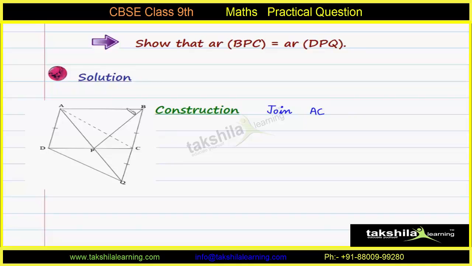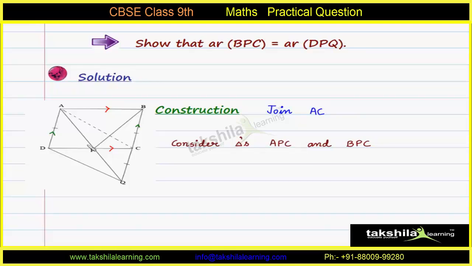Now let us prove this. It is given in the question that ABCD is a parallelogram, and we know that opposite sides will be parallel. So AB is parallel to DC and AD is parallel to BC, because opposite sides of a parallelogram are parallel to each other. Now consider triangles APC and BPC.